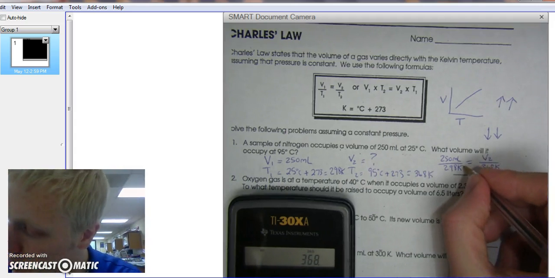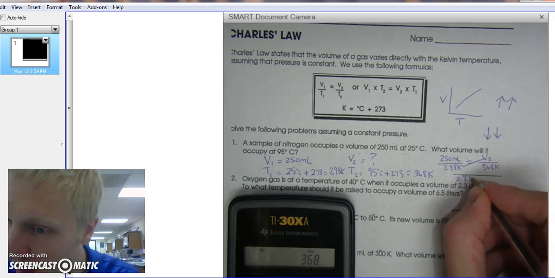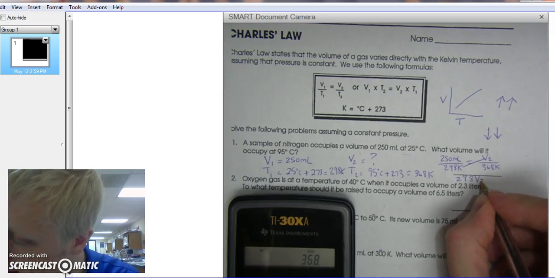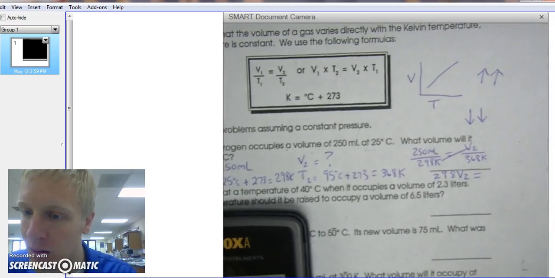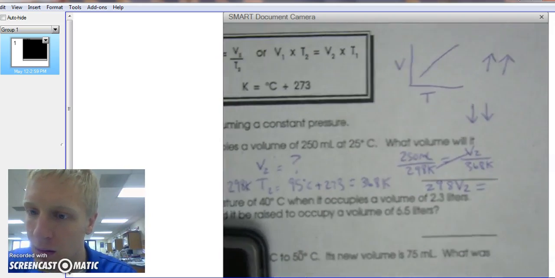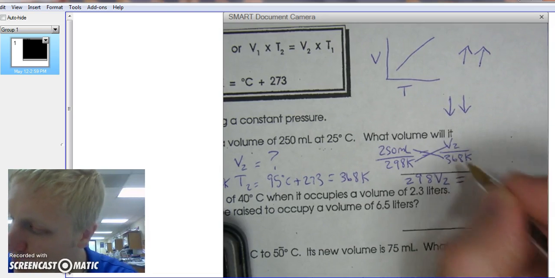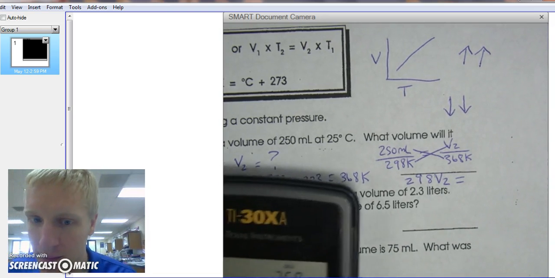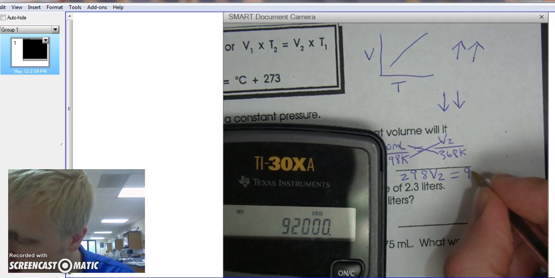Alright, so cross multiply means I have 298 and I'm multiplying it by my V2. 298 multiplied by V2. Let's zoom up on that. It's looking a little small. I'm then going to cross multiply my 250 times 368. 250 times 368 gives me a really big number.